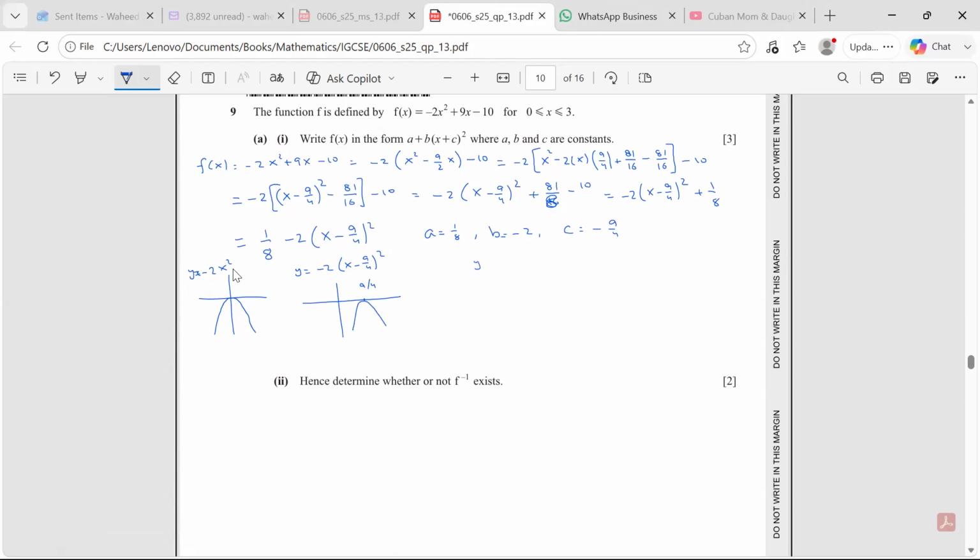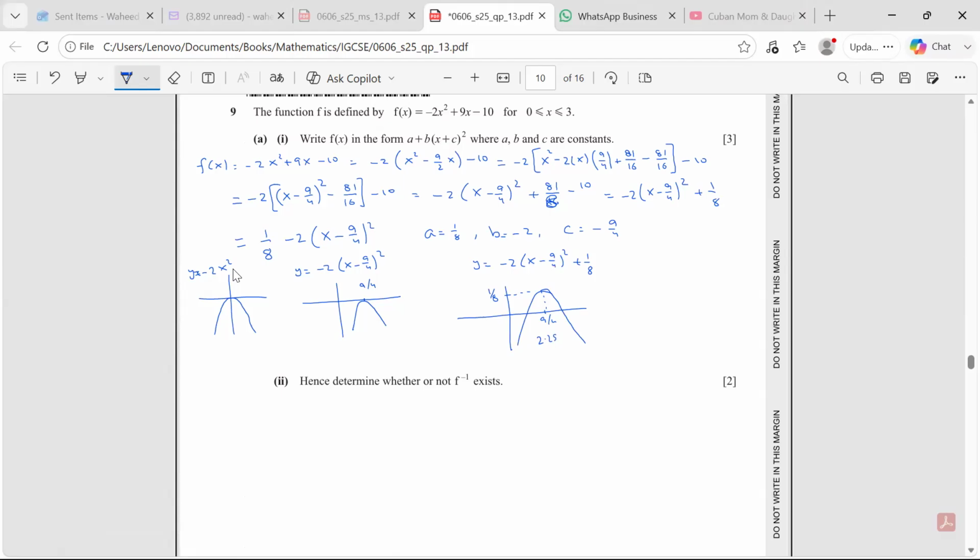And if I have y equals minus 2 times x minus 9 by 4 squared and plus 1 by 8, this would be a parabola whose turning point is at 9 by 4, which means 2.25, right?